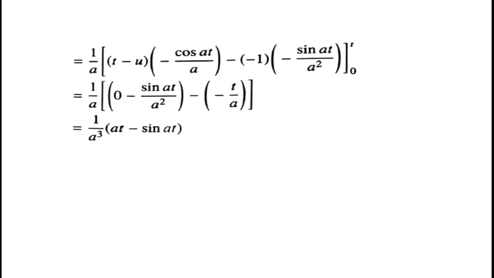So we have to apply integration by parts. Sin au by a is the first function, and t minus u is the second function. Then we integrate using product rule. T minus u into minus cos at by a minus 1 into minus sin at by a square in the limit 0 to t.